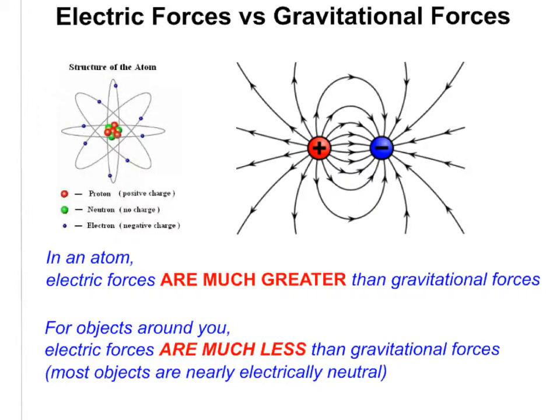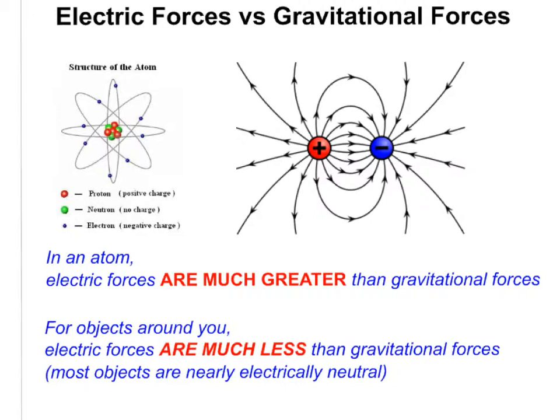That is because an atom is a very tiny piece of matter, and the forces between the electric charges between its subatomic particles are very great as opposed to the gravitational forces.